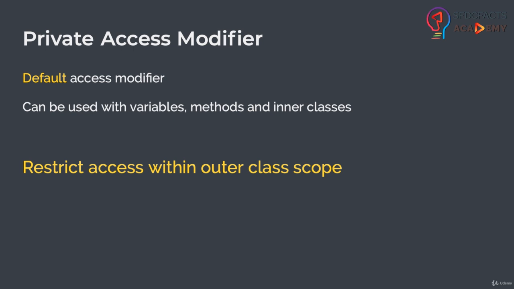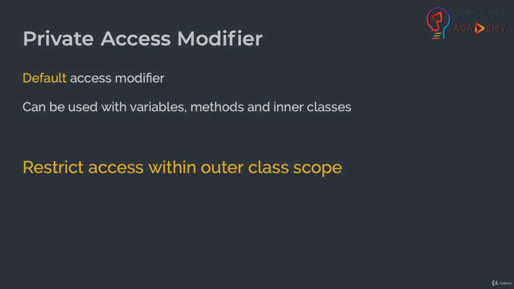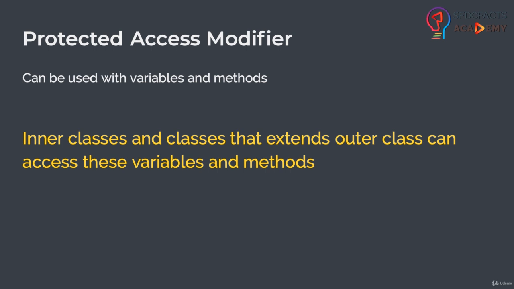Now let's talk about our second access modifier, which is protected. If you define your variables or methods as protected, then your inner Apex classes and your outermost Apex class can access these variables or methods. So protected is somewhat less restrictive than private, as your inner classes can access your methods and variables.